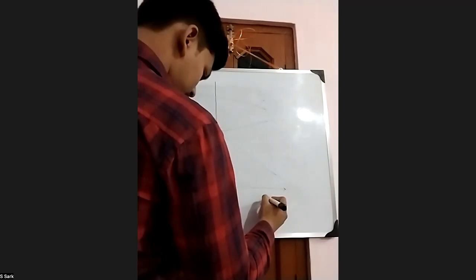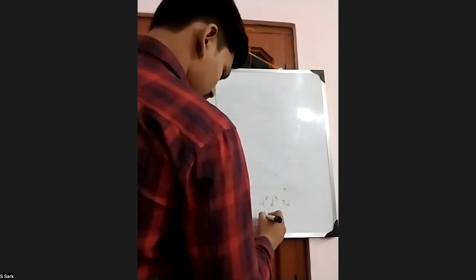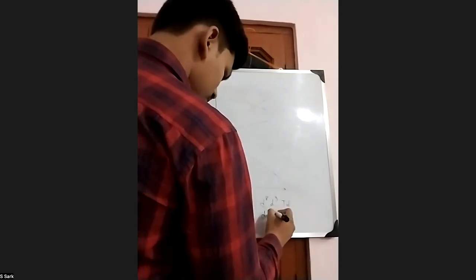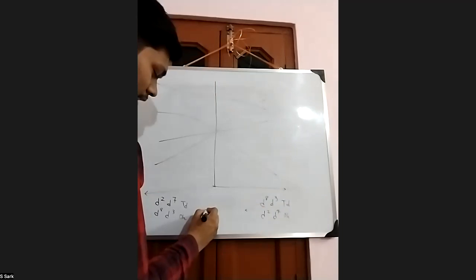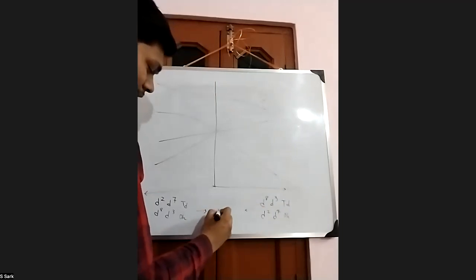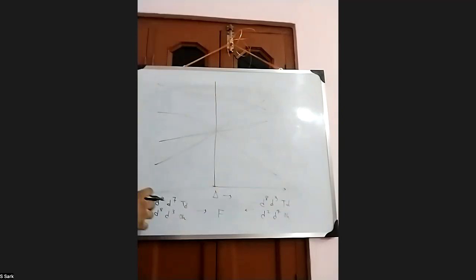So for F, the orbital diagram will be looking like this. We know that for the spectroscopic term F, the molecular terms are T1G, T2G, and A2G. T1, T2, and A2.